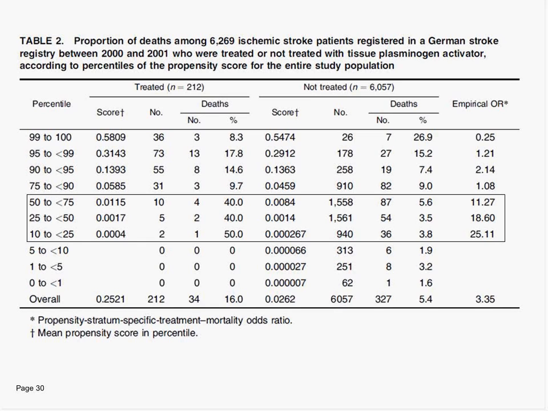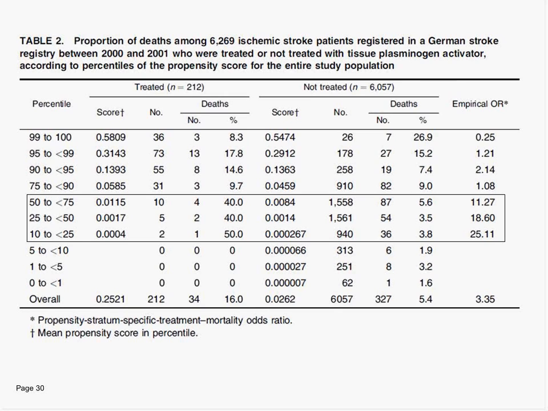And with the untreated, these are the patients who did not receive TPA, the mortality was more comparable. In fact, at the highest stratum of the propensity score, the top row of this table, the empirical odds ratio is 0.5, suggesting that TPA in people who have the most clear indications for TPA is actually considerably beneficial.